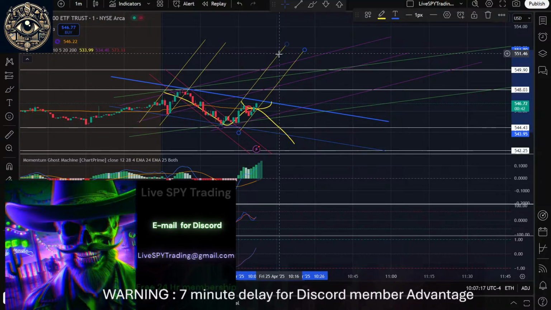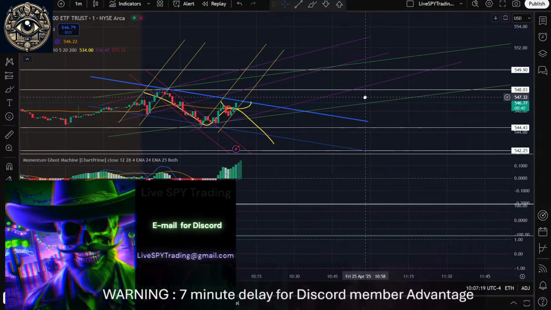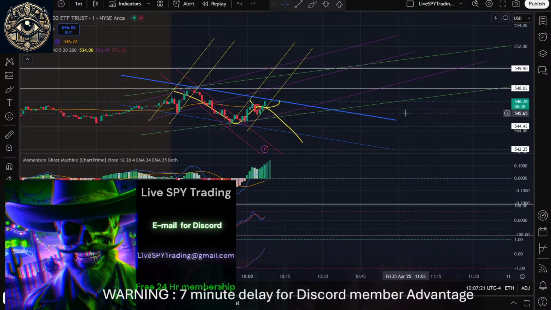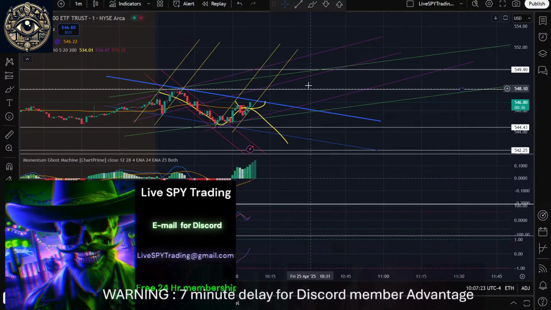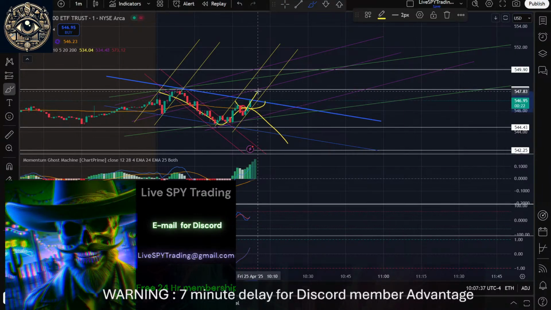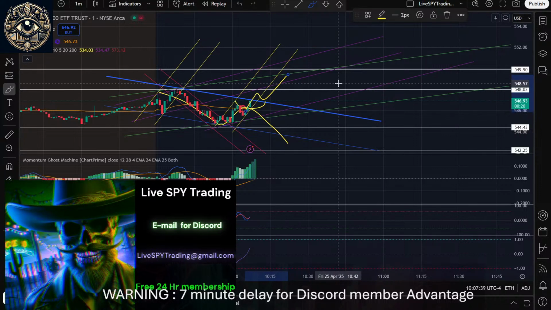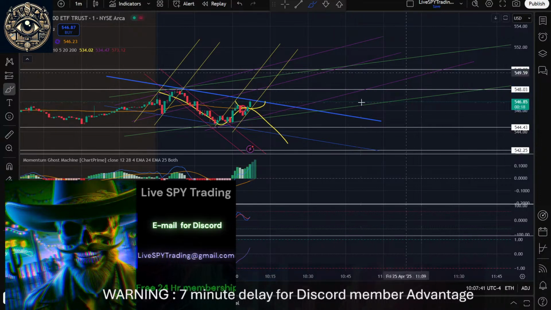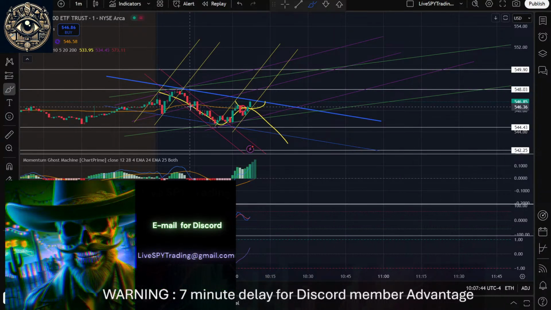Okay, we're still inside this yellow. There we go. If it breaks blue, your target is going to be 548.03, that's the high of the day. So maybe break blue, retrace, and then shoot up. That might be your safer bet, kind of like what we did over here.